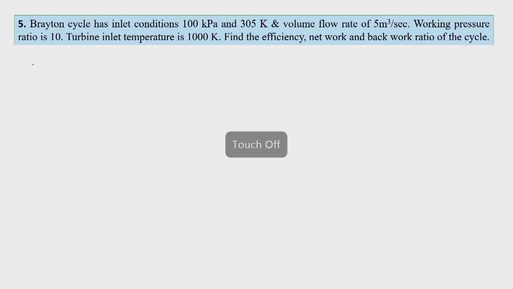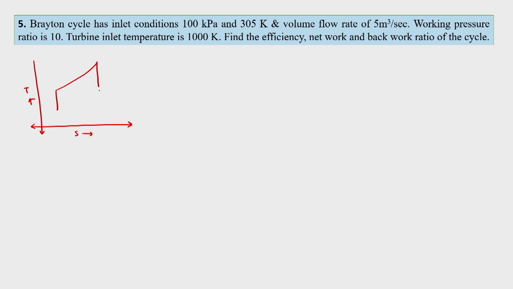So let us see what are the things given to us in the example. Here the new thing asked to us is back work ratio, and the rest of the things are known to us, and we also know what is back work ratio.